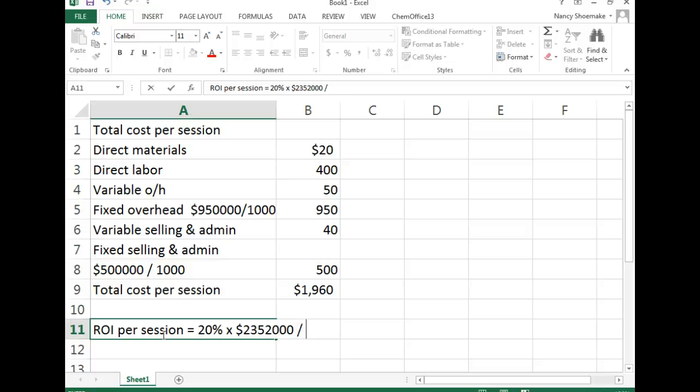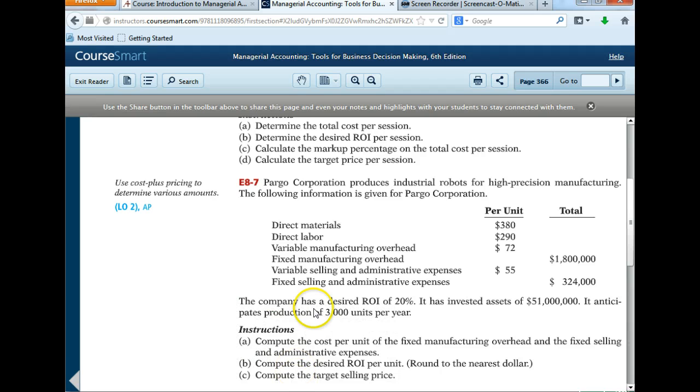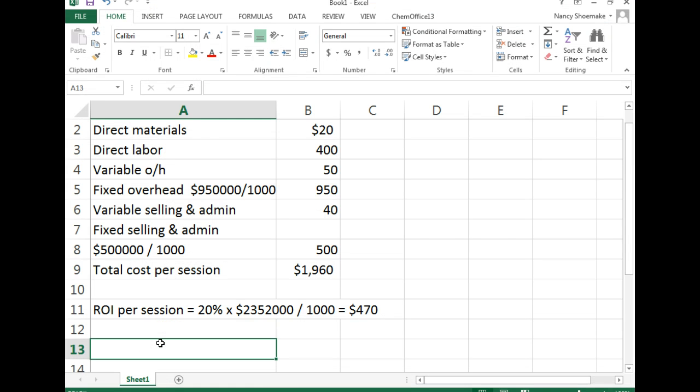Divide that by 1,000 units is how much per session? $470. The next question asks us to calculate the markup percentage on the total cost per session. Well, the markup per session of 470 divided by how much is the cost per session of 1,960?